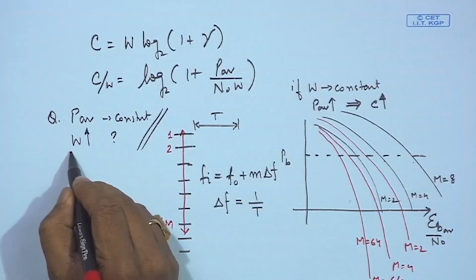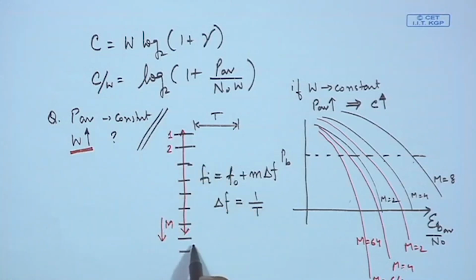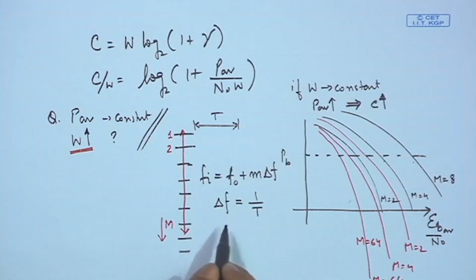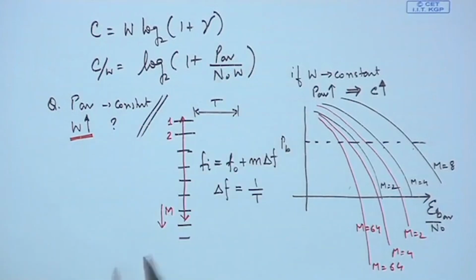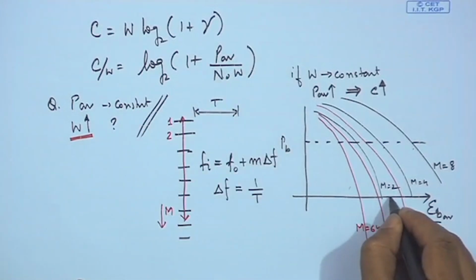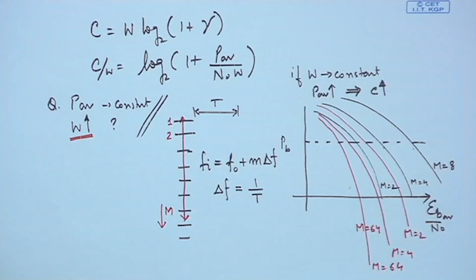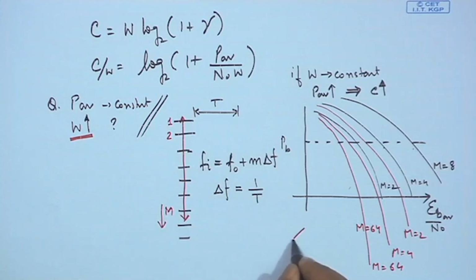So, if we keep increasing W, which is equivalent to increasing m in this particular situation, while keeping this constant, that means I would keep the EAV constant. That is what we had, our average, because the distances of the constellation points from each other were all the same.